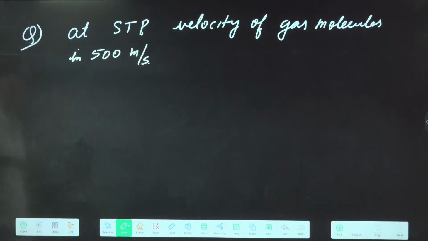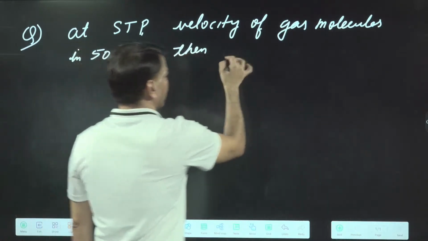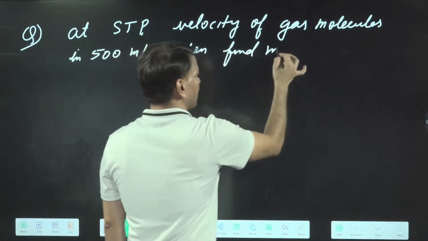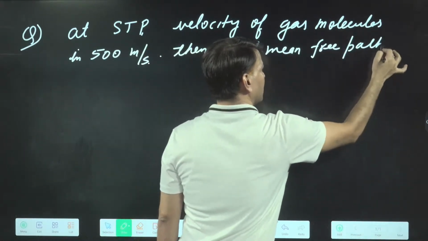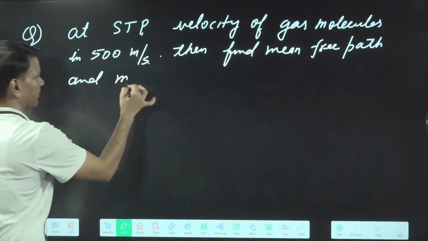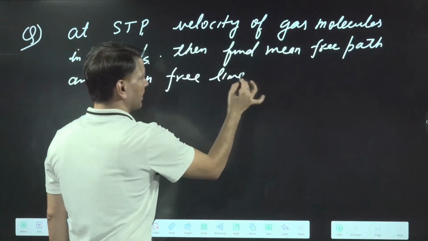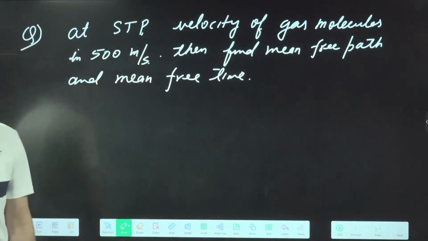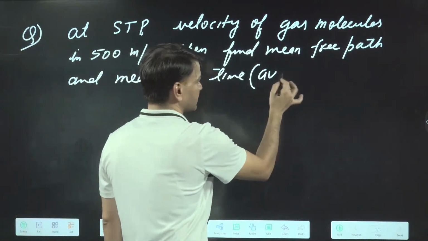At STP, velocity of the gas molecule I have given 500 meter per second. Then find mean free path and mean free time, or they will say the average time between the successive collision. This mean free time means average time between successive collision.